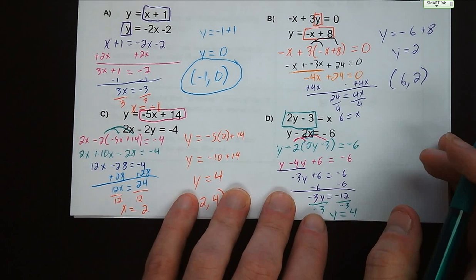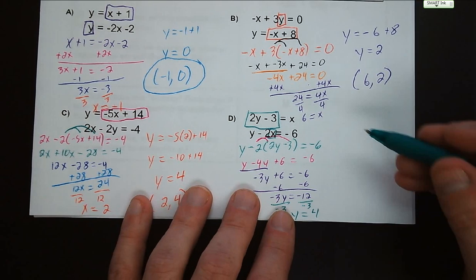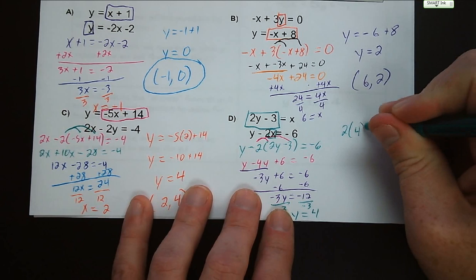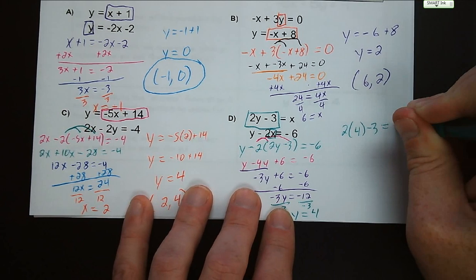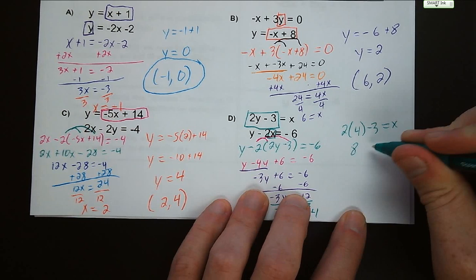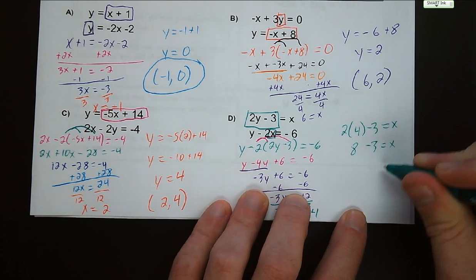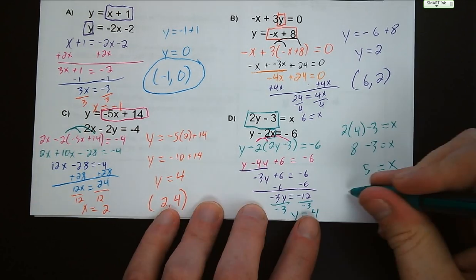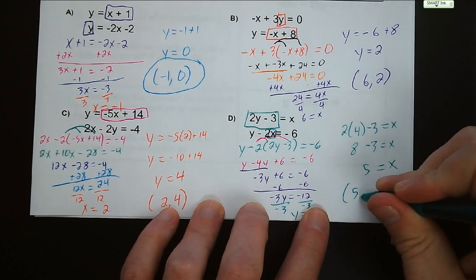So now we're going to substitute that into our equation to get x. So we have 2 times 4 minus 3 is equal to x. 2 times 4 is 8. Minus 3 equals x. 8 minus 3 is 5. So x is 5. Our ordered pair is 5, 4.